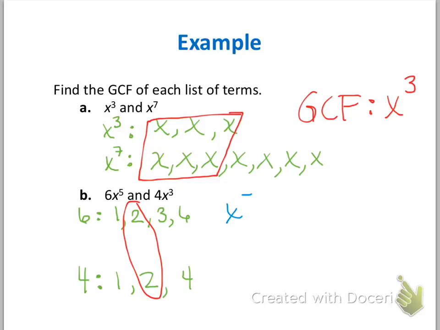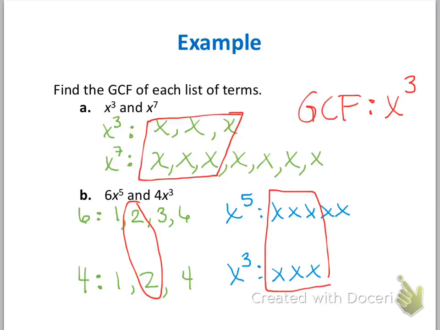We've got x to the 5th and x to the 3rd. x, x, x, x, x, and x, x, x. They have x cubed in common. What you'll start to notice is the smallest exponent is the greatest common factor. So our GCF here includes both pieces, 2 and x cubed.